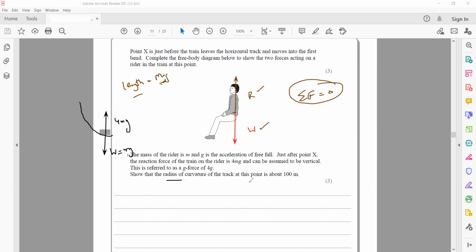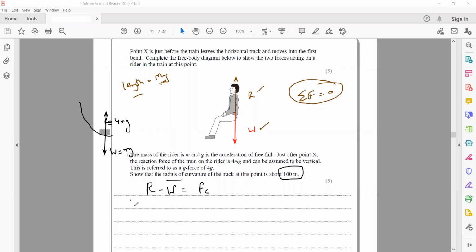Show that the radius of curvature of the track is about 100 meters. So how can we show this? The normal contact force R is 4 mg, and the weight is mg. So R minus W is equal to the centripetal force, or Fc.